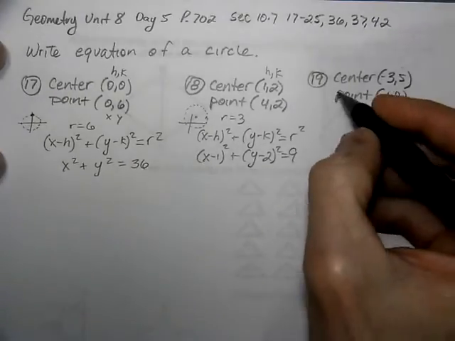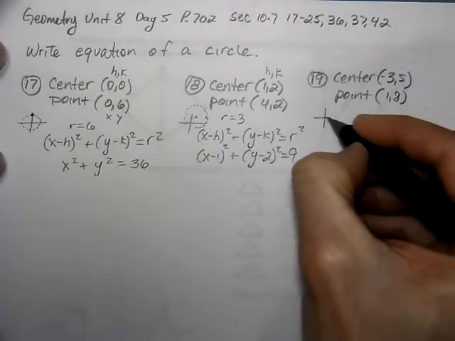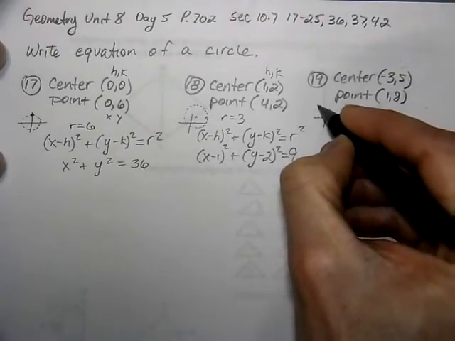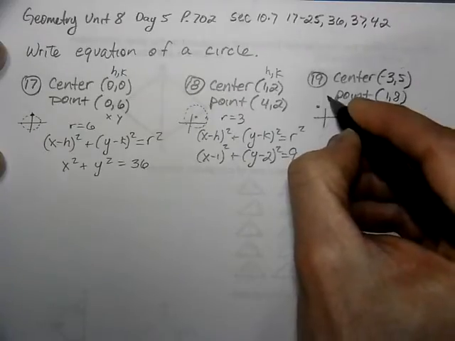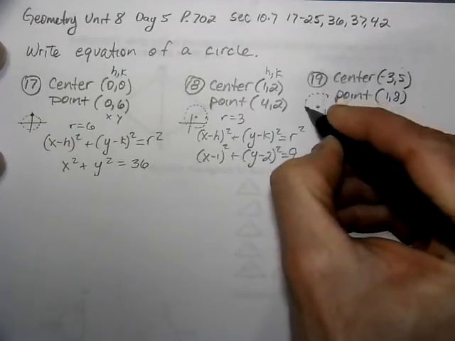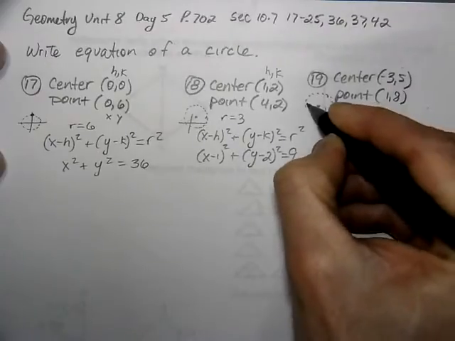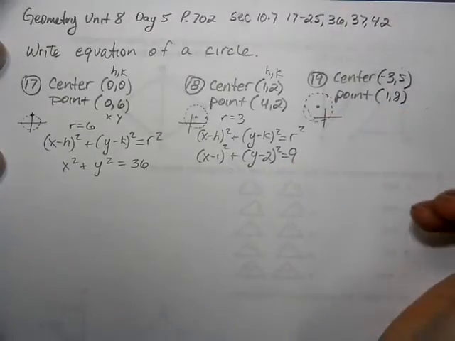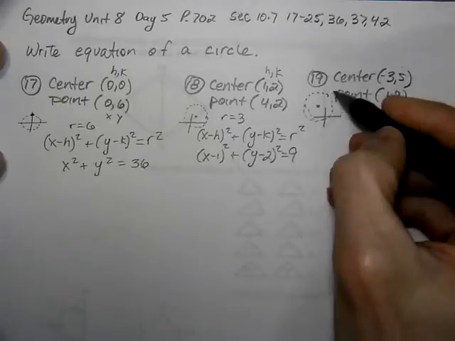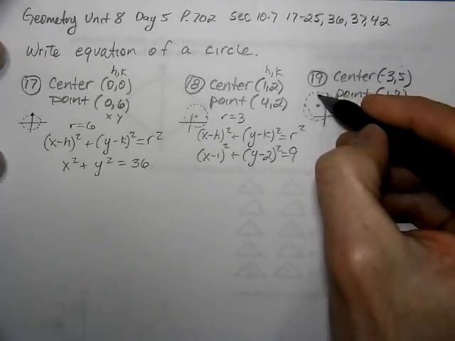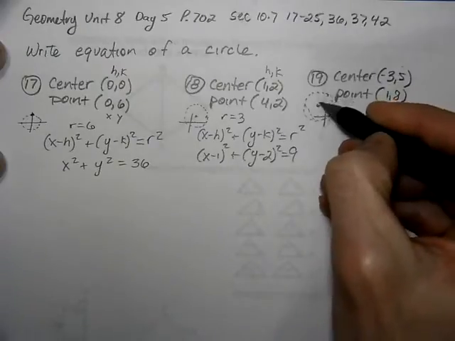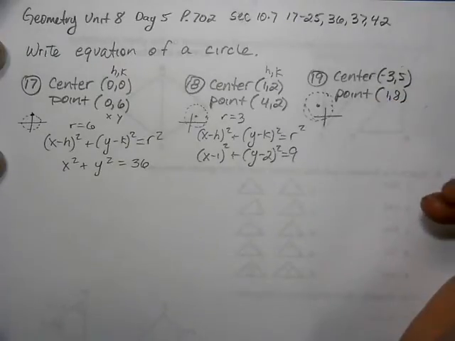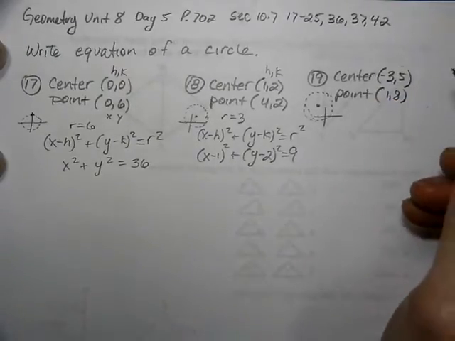Now notice how this one's different. They give you the point of negative 3, 5, and they also give you a point 1, 8. We know that vertically we don't know that distance, and horizontally we don't know that distance. The point is slanted, so we can't figure out the radius quite yet.